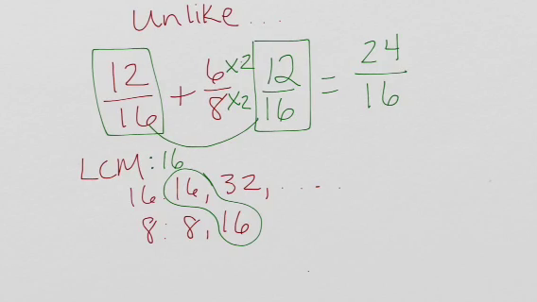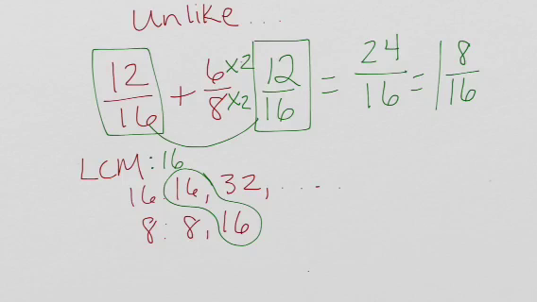So 16 can go into 24 one whole time. And how many will I have left over? I'm going to have 8/16 left over. Wait, 8 and 16, those are connected.